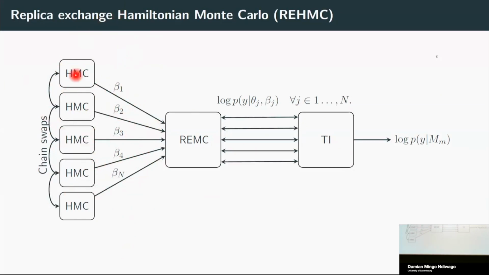And then we have global updates where adjacent chains try to swap their values, and they are either accepted or rejected based on the Metropolis-Hastings algorithm. By so doing, it converges very fast compared to any other algorithm out there. And then we use all the samples to get the thermodynamic estimate of the marginal likelihood.